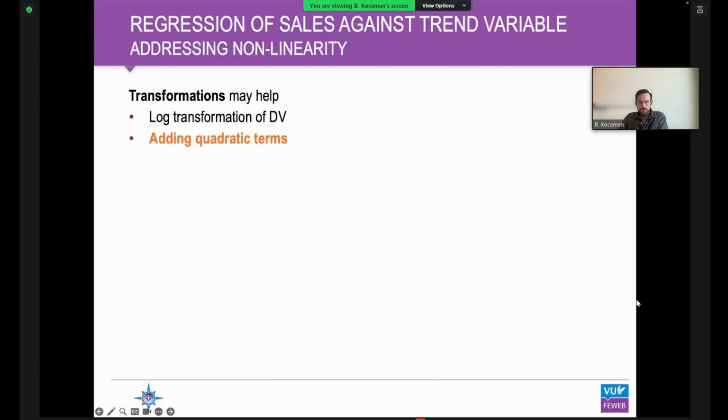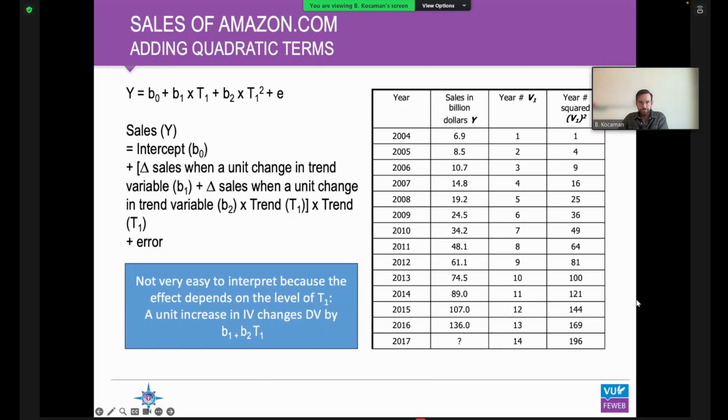Okay, let's now quickly look at quadratic terms, how we can add them in a model. So now, instead of taking a log transformation on the dependent variable, we will look at how we can use the trend variable plus the trend variable squared in this regression.